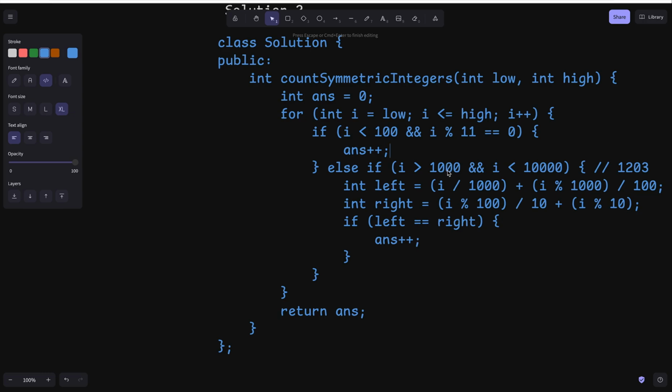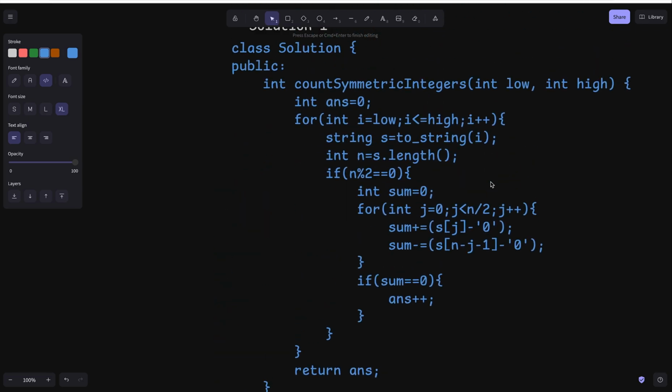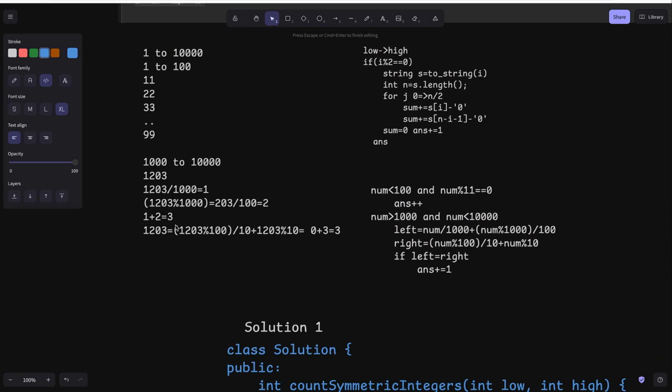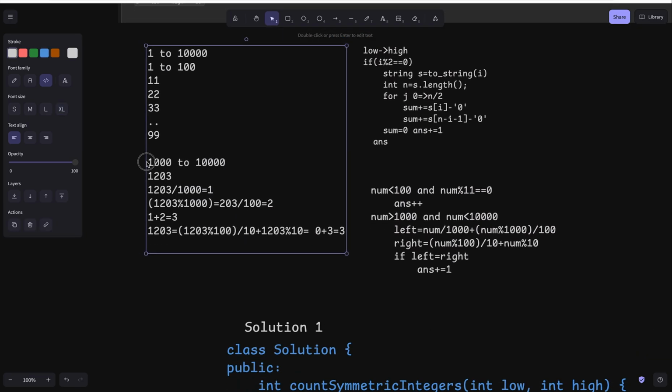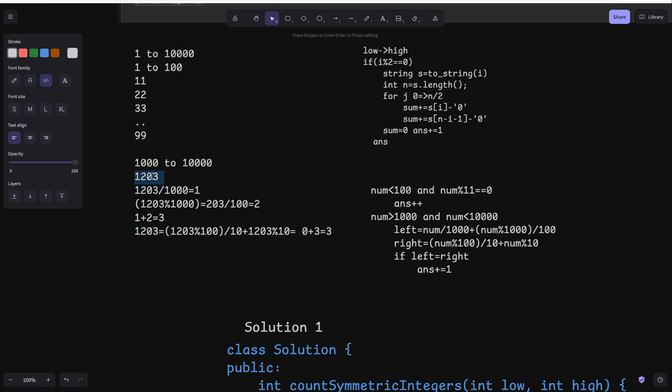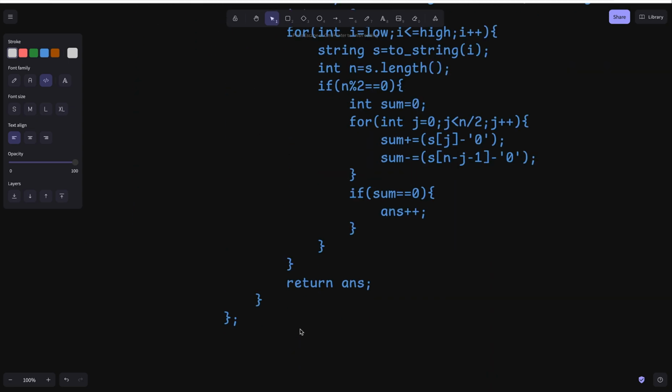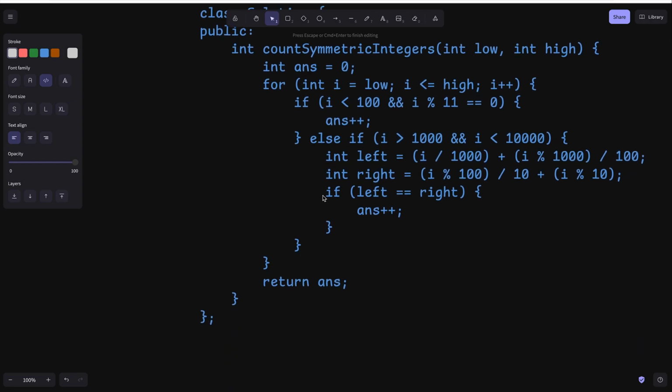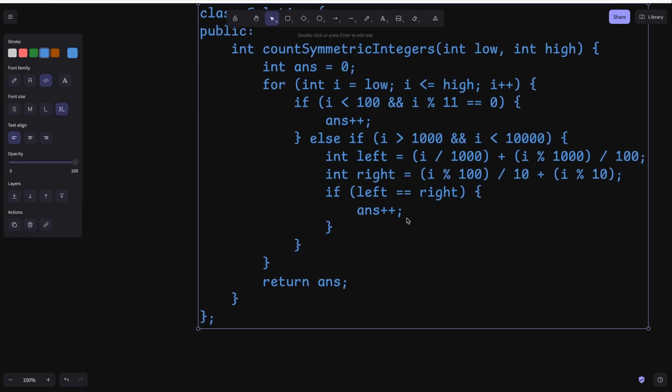Now if it is greater than 1000 and less than 10,000, which we took from example 1203 and checked, my left would be this and right would be this, as explained above with the help of the example. So after checking this, if my left becomes equal to right, I would increment the answer and simply return the answer.